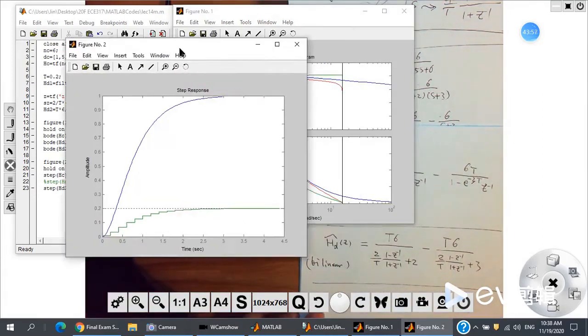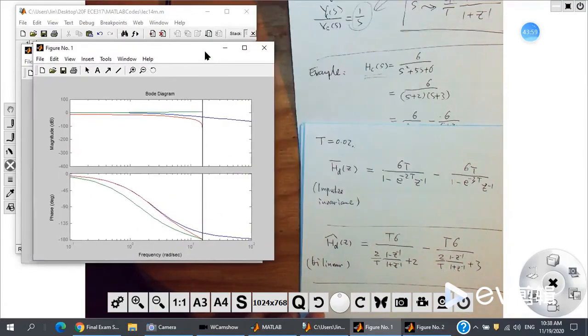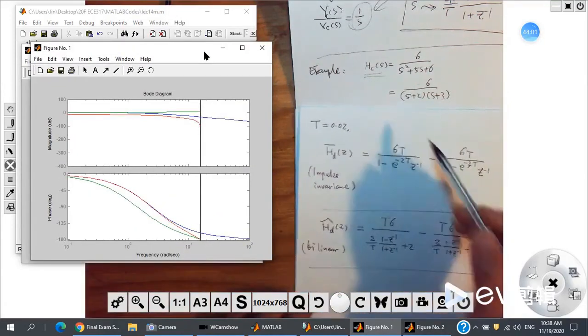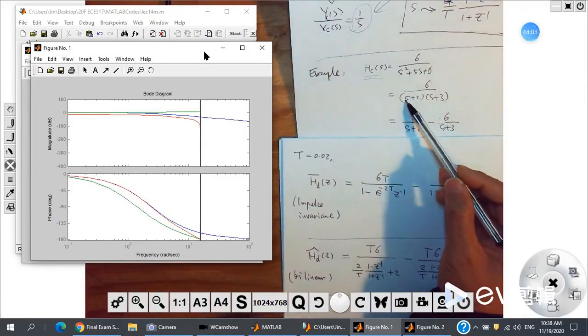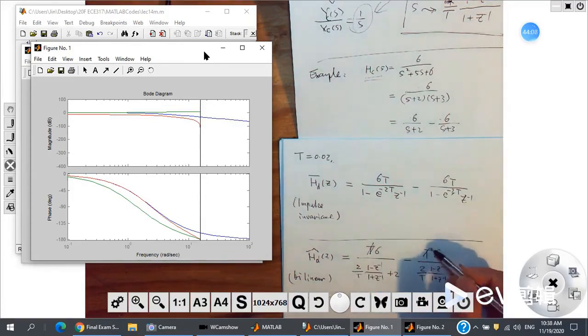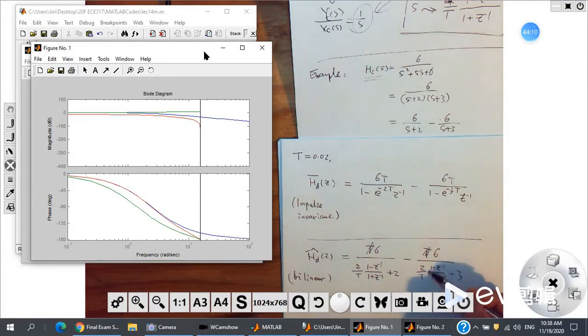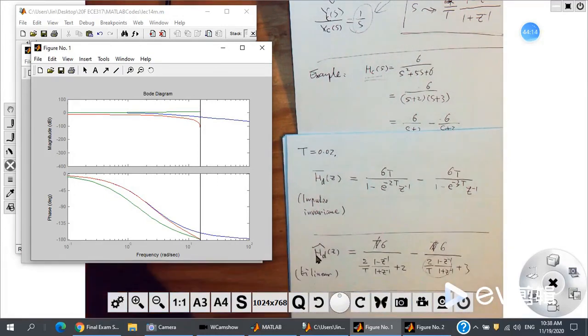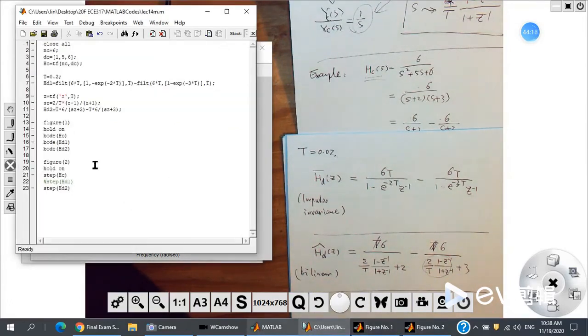The bilinear one just replaces this S, so here I don't need this T. Replace S by this one, so I don't need this T. Okay, HD I need to remove that. So that is H2. For H2 I don't need this T.